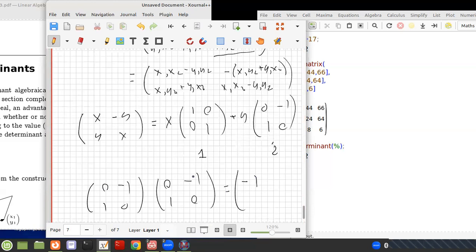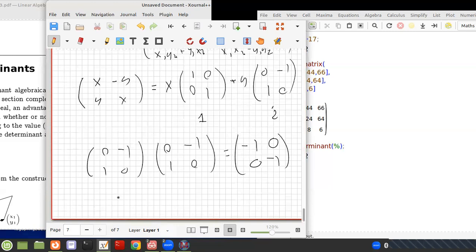And this one is 0 times minus 1 plus 0 times minus 1. This is 1 times 0 plus 0 times 1. And the last one is 1 times minus 1, which is minus 1. So if this is i, i times i is like minus the identity, which we treat as minus 1.